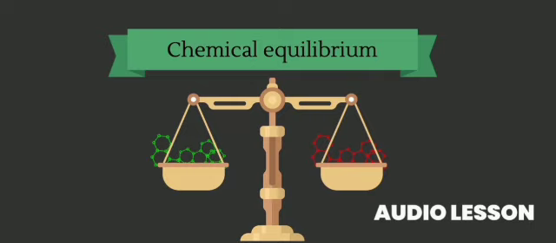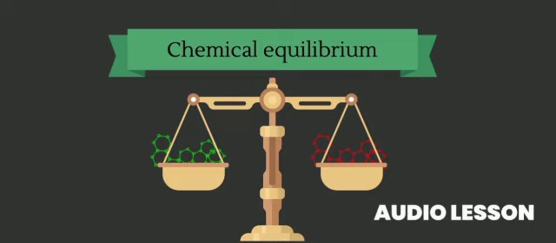Reactant on the left hand side, product on the right hand side, and the double arrow showing a reversible reaction at the center, separating both of them. Now, a reversible reaction is one that proceeds in both directions under suitable conditions.